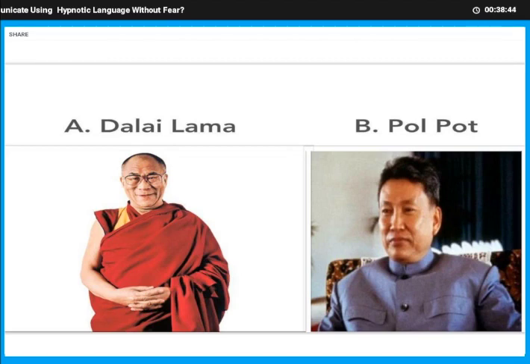Now the Dalai Lama and Pol Pot are coming to you and want to talk to you. You need to speak to both of them separately. The question is, how will you have a conversation with both of them? If you are civilized and empathic, which I believe you must be, you will love to talk to the Dalai Lama and you would avoid talking to Pol Pot.